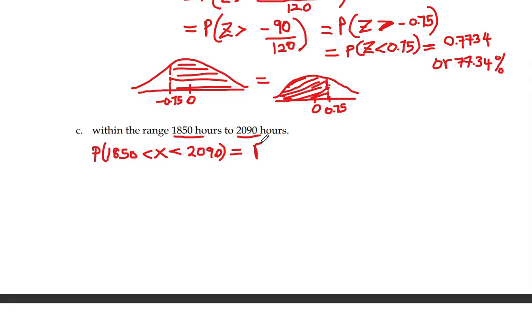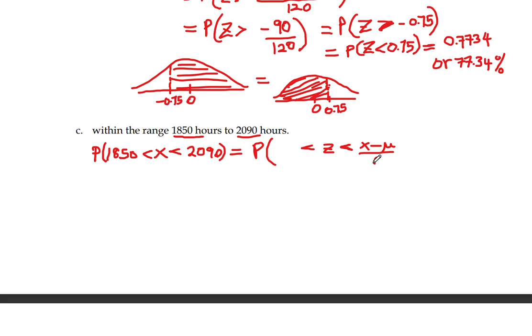And so to standardize here, we will say probability. We're going to change the x here to z. And then I'm just going to write the formula on both sides because there are two numbers here to standardize, the 1850 and the 2090. So I'm going to write here x minus mu divided by sigma.